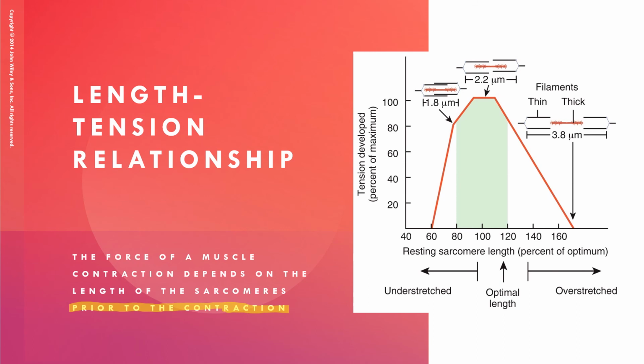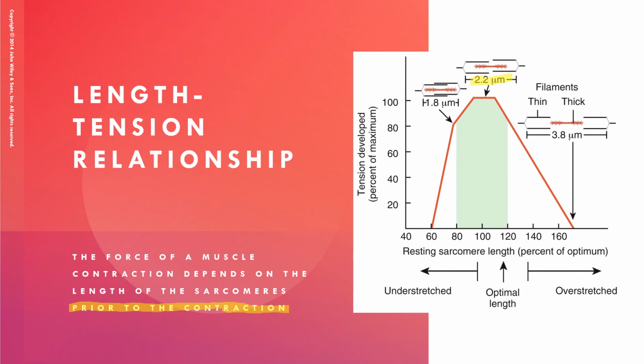At a sarcomere length of about 2 to 2.4 micrometers, which is very close to the resting length in most muscles, the zone of overlap in each of the sarcomeres is optimal, and it's at this overlap that the muscle fiber can develop maximum tension.